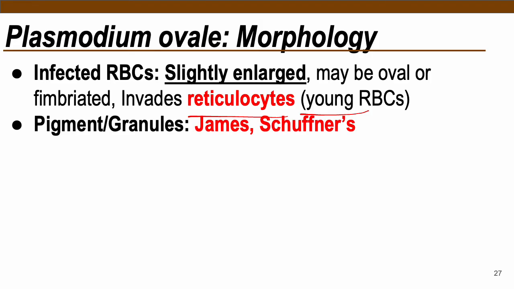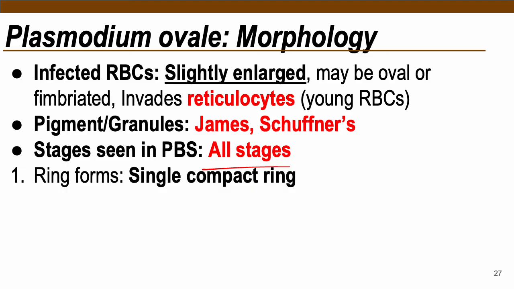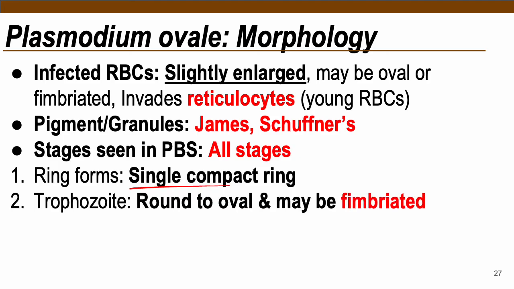For the pigment or granules, the presence of James and Schüffner's dots may be seen within this parasite. For the stages seen in peripheral blood smear, all stages are seen in this parasite as well. So let's talk about the different forms or stages for Plasmodium ovale. For the ring forms, it has a single compact ring. For the trophozoite, take note of the presence of a round to oval fimbriated trophozoite, no?